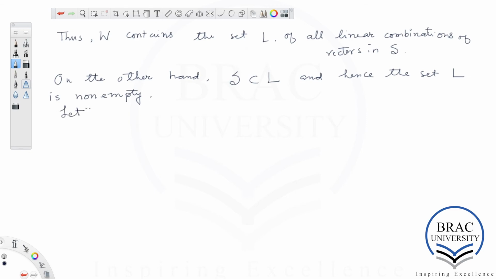Let v and w belong to L, meaning that v and w are two linear combinations of those vectors in S. Since v and w are linear combinations, there exist these vectors. All right, so here is the important thing.